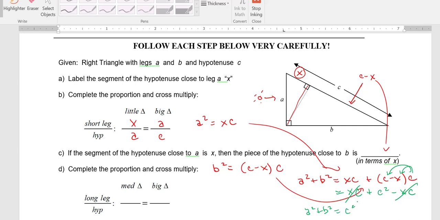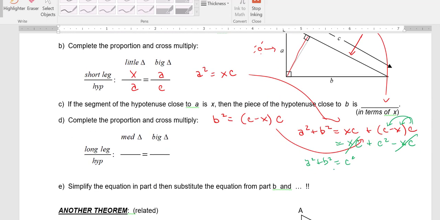Pythagorean theorem. Basically, whenever you have a right triangle, then a squared plus b squared is equal to c squared. And you have to have a right triangle to use it. That's important.